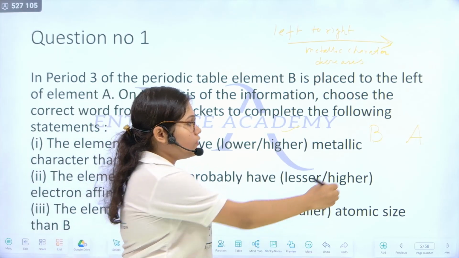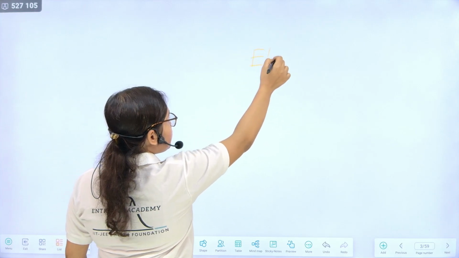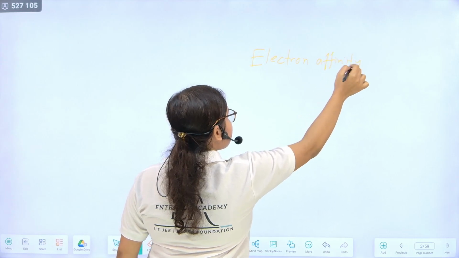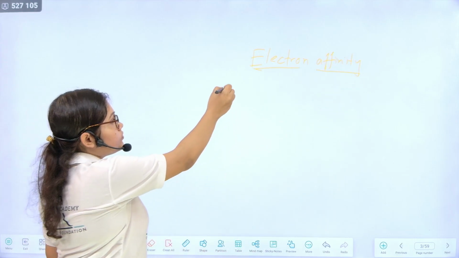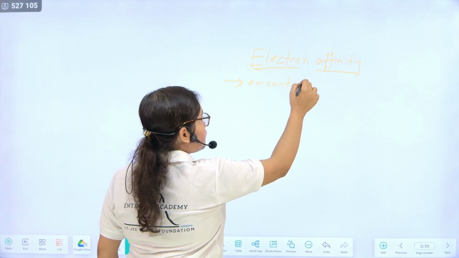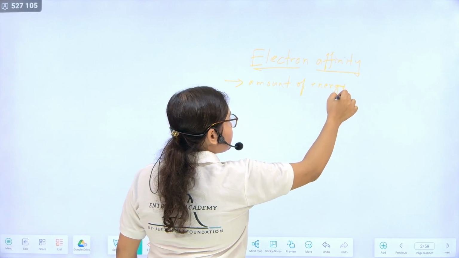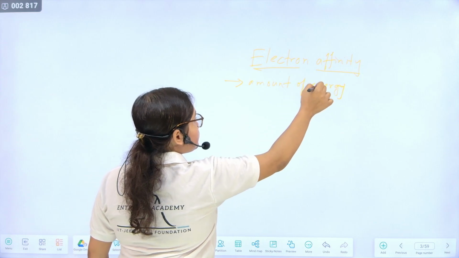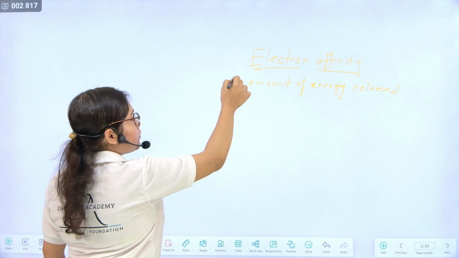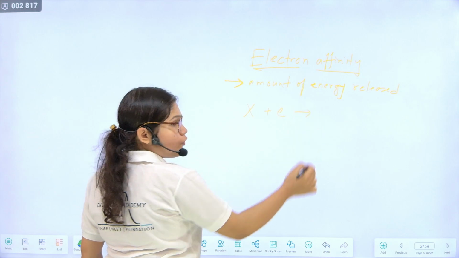Electron affinity is the amount of energy released when an atom like X accepts an electron to form an ion.